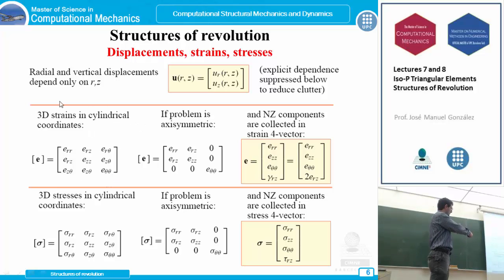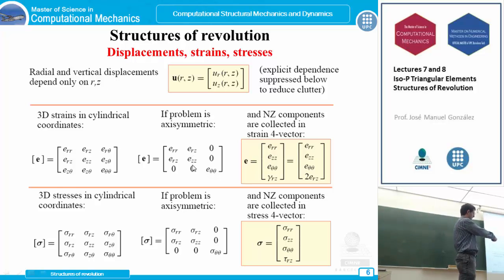In the 3D problem, the strain tensor has these 9 different components, in fact 6 independent components, but now in our axisymmetric problem, these distortions relating to theta vanish, so we have only these 4 or 5, in fact 4 independent components: these 3 strains, this circumferential strain and this distortion in Rz.